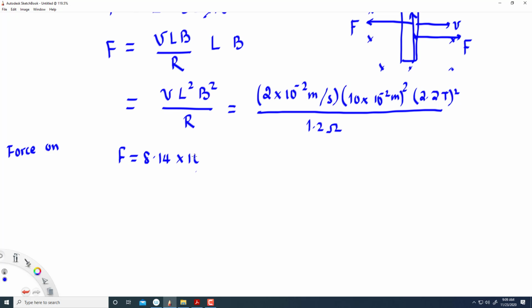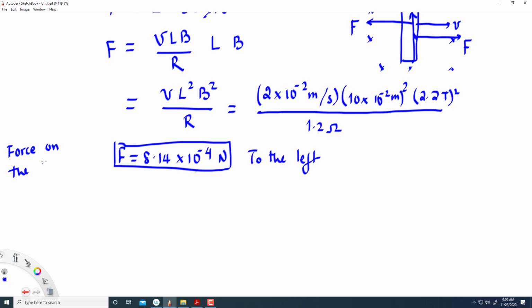It is 8.14 times 10 to the negative 4 Newton, and this is to the left. So this is the force on the conductor carrying current. Why is it to the left again?